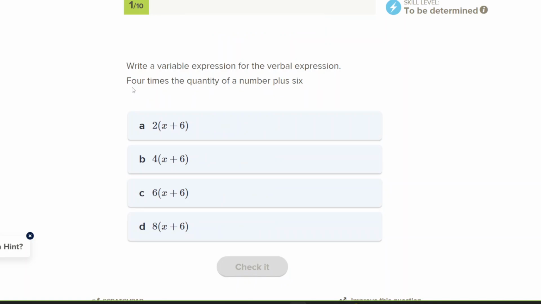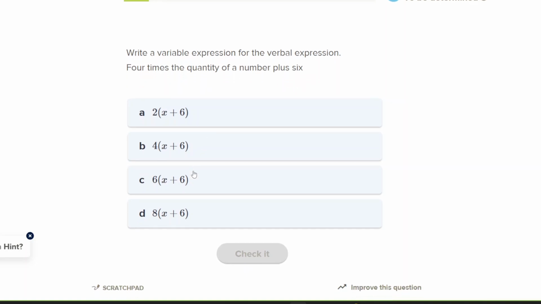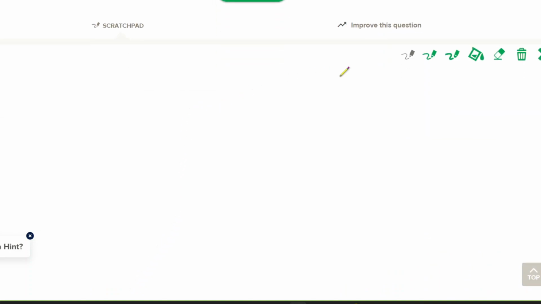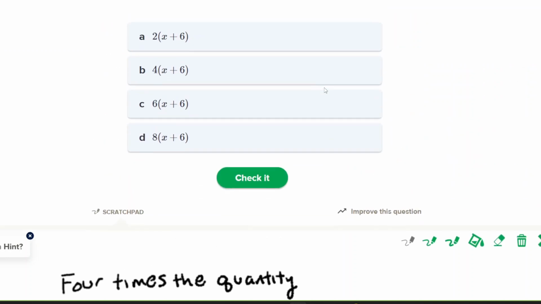We have here 4 times the quantity of a number plus 6. So I'll write that out in my scratch pad. So once again, we have 4 times the quantity of a number plus 6, I believe it was.